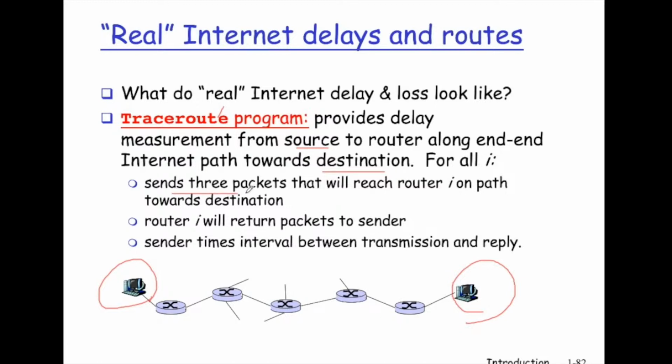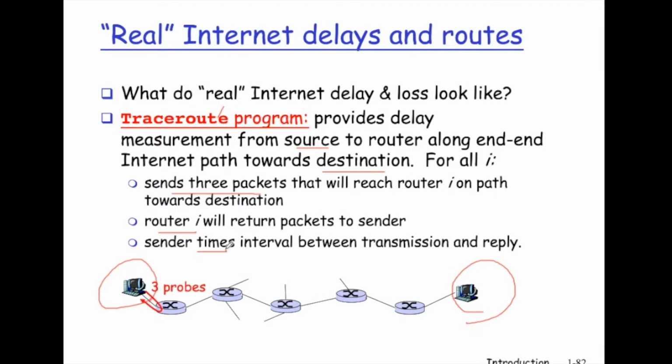And it's sending 3 packets, one at a time, to reach each of the routers along the way. So the router there, receiving such a packet, would return by sending a reply back to the sender. Now, the sender there can time the interval between the transmission and receiving the reply and gets one estimation of the round trip time between the sender and the router.